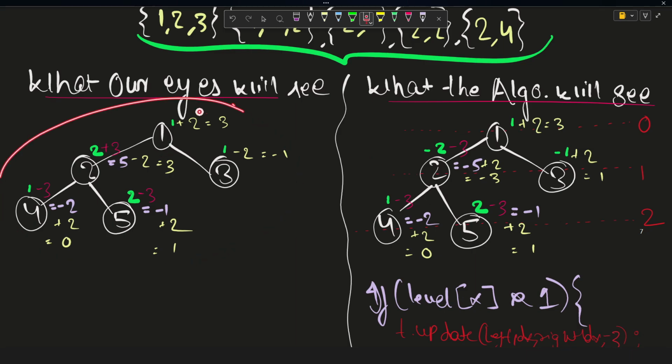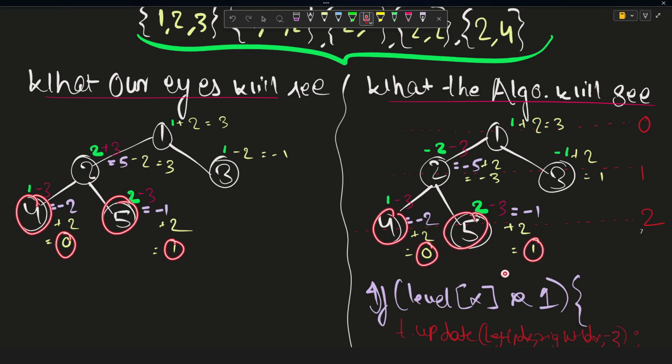In this tree for the first node, I wanted it to have a value of 3. And if you look in this tree also, for the first node, it is 3 only. So it means that we are getting the correct value for the first node. Similarly, for the fourth and fifth node, I wanted it to have a value of 0 and 1. And also in this tree, it is giving us 0 and 1, which is correct.